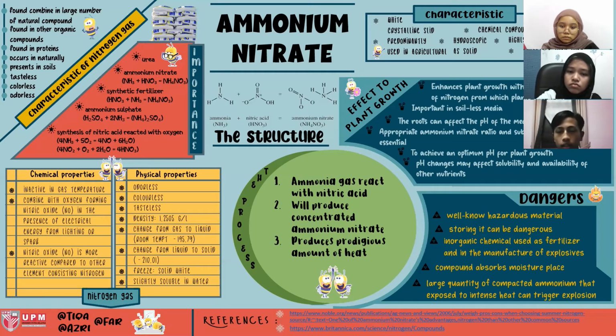Last but not least, ammonium nitrate helps plants to achieve an optimum pH for growth, as pH change may affect the solubility and availability of other nutrients in plant growth.